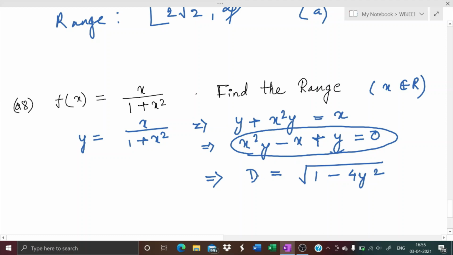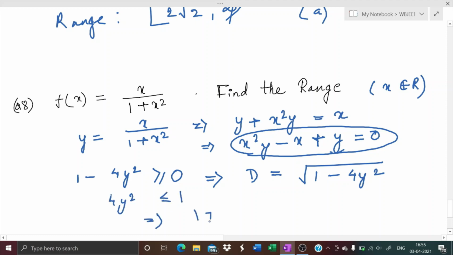If discriminant is negative, then my roots won't be real, right? So 1 minus 4y square must be greater than or equal to, it can be 0 as well, greater than equal to 0. So 4y square is less than equals to 1.